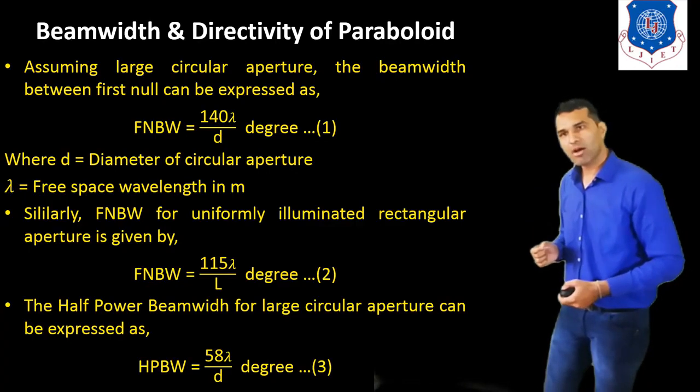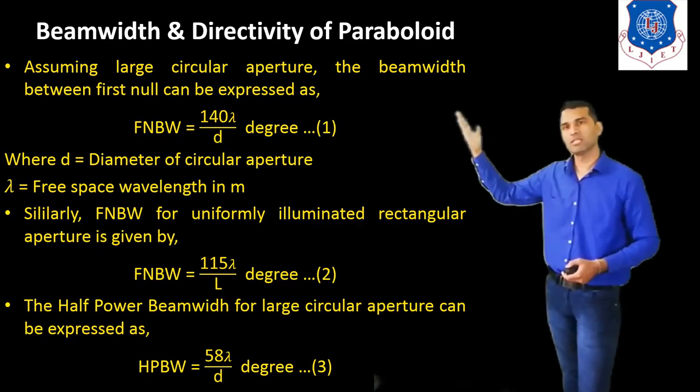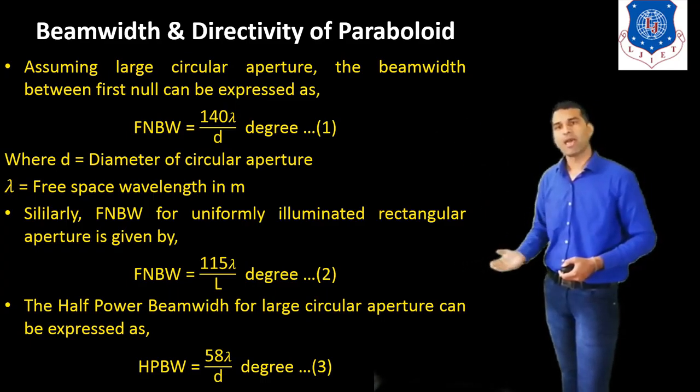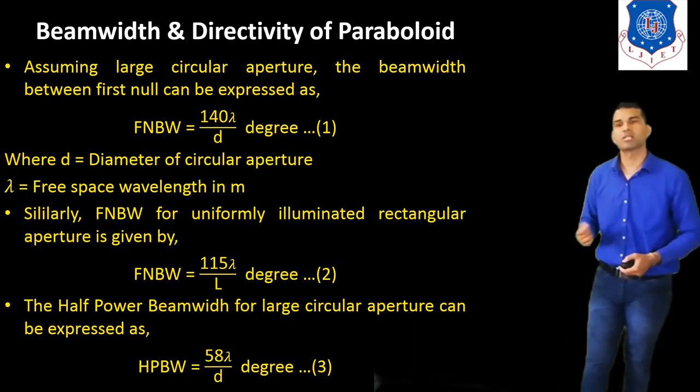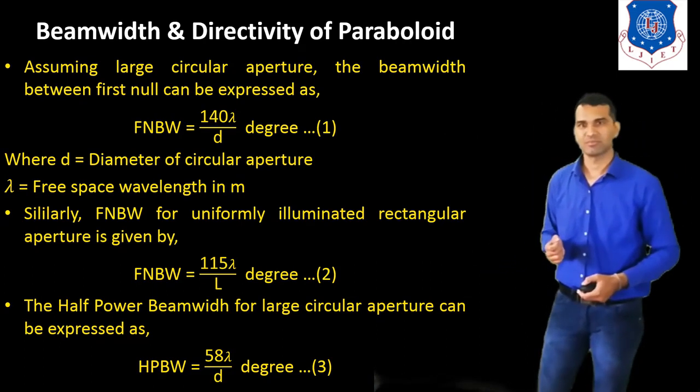So we can find the FNBW for the rectangular aperture by using this equation, and the half power beam width of the circular aperture by using this equation number 3.